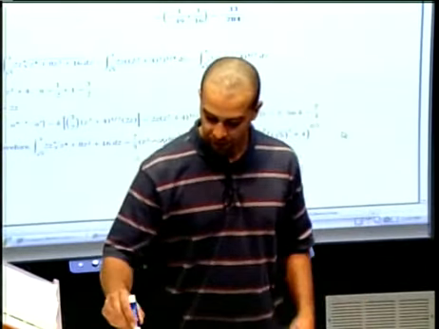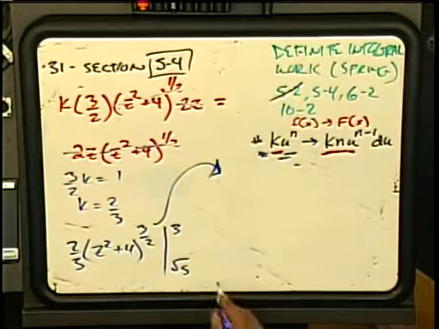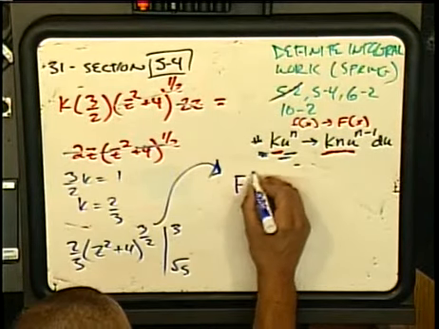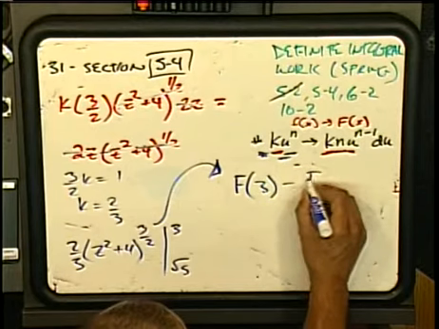After this, you've got your antiderivative already. Just plug in the upper bound and lower bound. That's always upper minus lower.